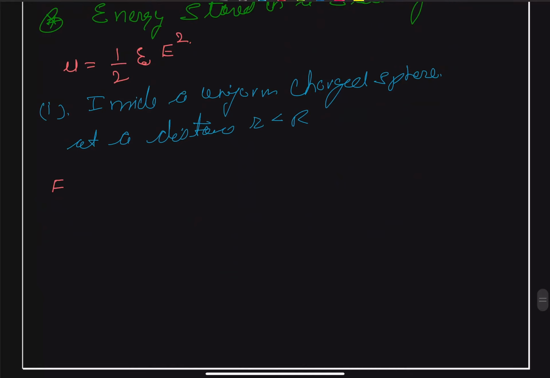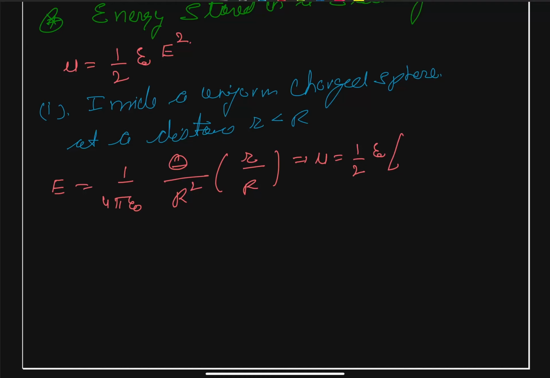So the electric field E is equal to 1 upon 4 pi epsilon naught times Q upon R square times small r upon capital R. We substitute it, so we get our u, that is our energy density, equal to half epsilon naught times E square, where E is Q small r divided by 4 pi epsilon naught times R cube, and its whole square.